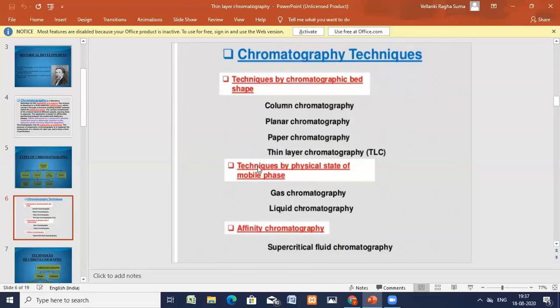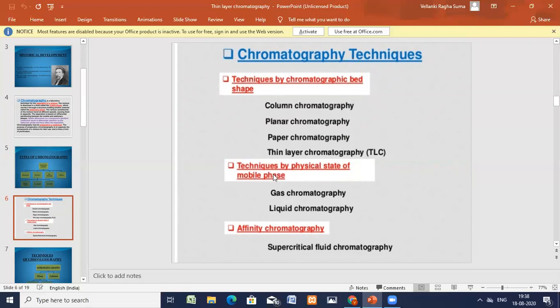Now here, techniques by the physical state of the mobile phase. Depending on the physical state of the mobile phase, the different chromatographic techniques are gas chromatography and liquid chromatography.